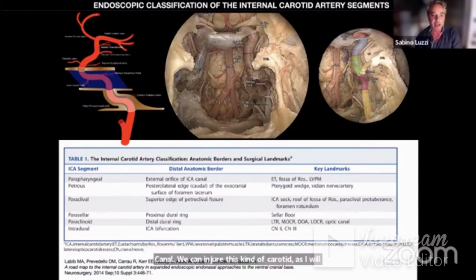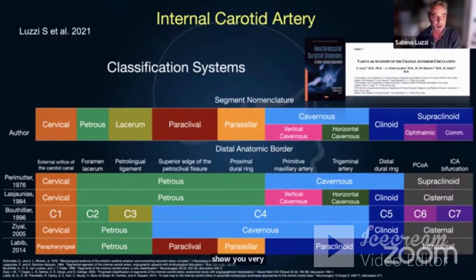That's the reason why in my book, I recently introduced this Labib paper. This is the most recent classification of the internal carotid artery. It's very important to have this overview of the different classifications, the comparison of the different segments and their relationship with the internal carotid artery.